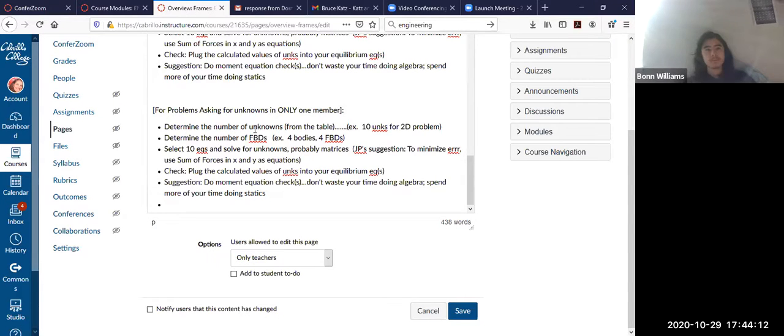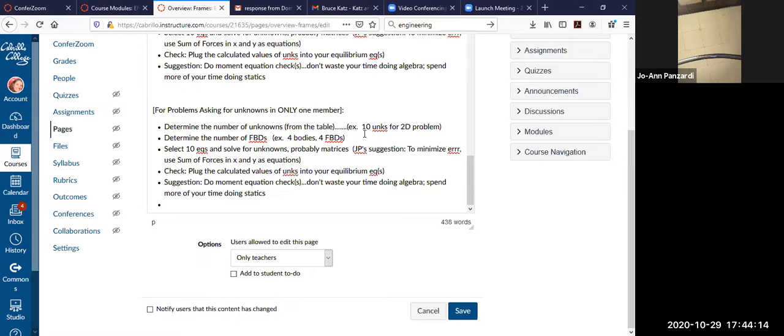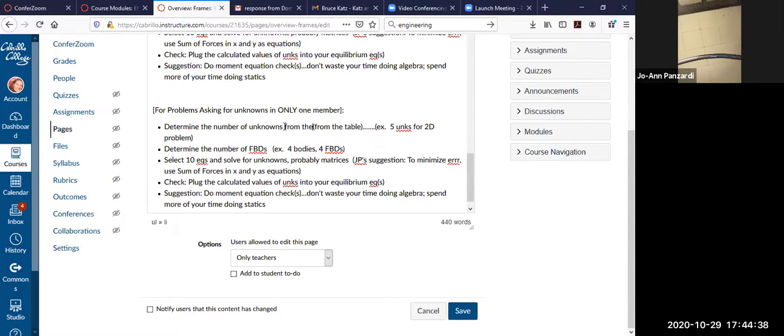Okay, what about this? Determine the number of unknowns from the table. Well, it's your choice whether you want to do the table or not. Determine the number of unknowns from the find.